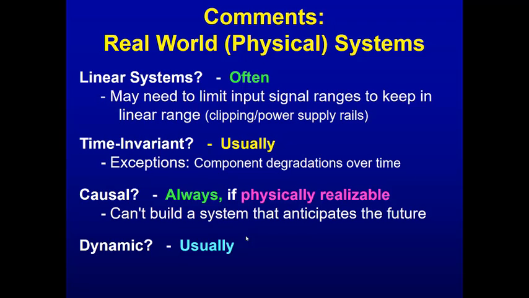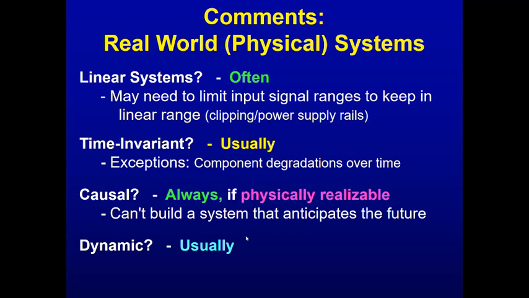What we need you to be able to do now is determine which of those classifications a system falls into, either when it is described by its system operator, or more likely, when it's described by a linear constant coefficient differential equation. So we want you to be able to recognize from the differential equation describing a system's operation whether it's linear or not, whether it's time invariant or not, whether it's causal or not, whether it's dynamic or static.